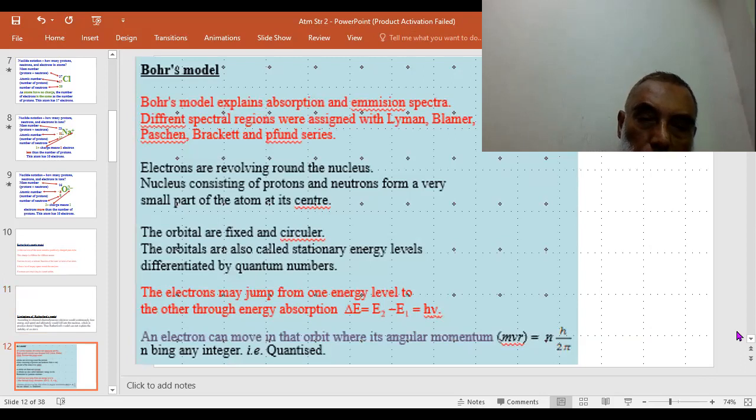Bohr, the student of Rutherford, proposed that electrons are moving around the nucleus, and he explained the emission spectra and absorption spectra of the hydrogen atom, and explained the spectral series: Lyman series, Balmer series, Paschen series, Pfund series, Brackett series.